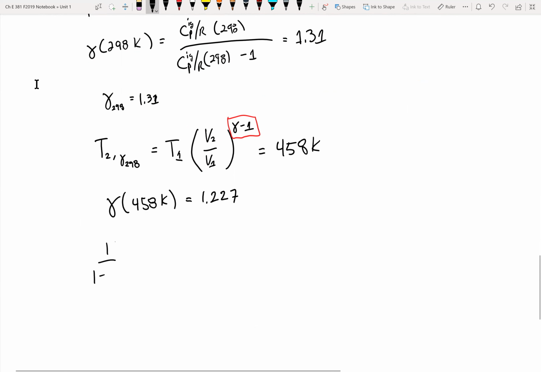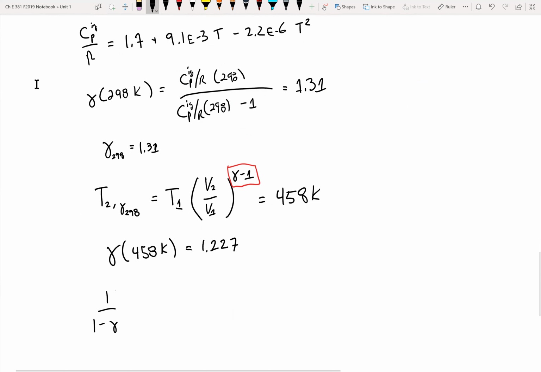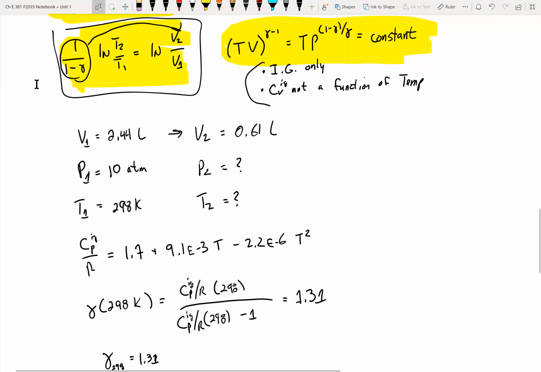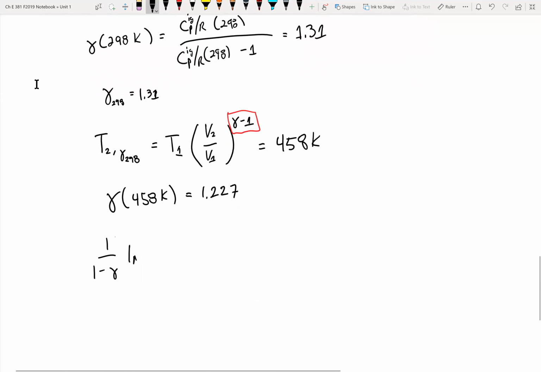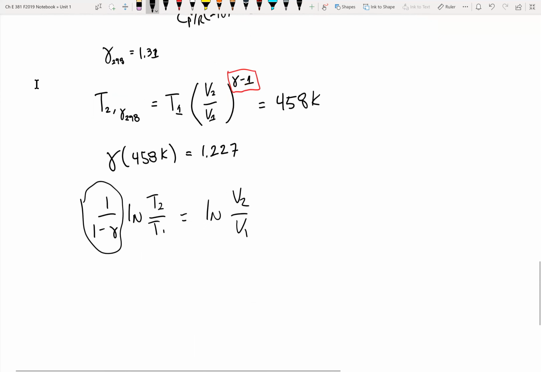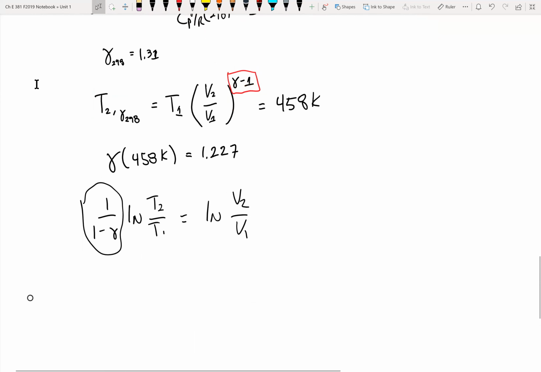So we had 1 over 1 minus gamma, and then we had the natural log of the temperature ratio equals the natural log of the volume ratio. All right, so the factor over here, I multiply both sides by that factor, and then I want to tuck it into the logarithm.